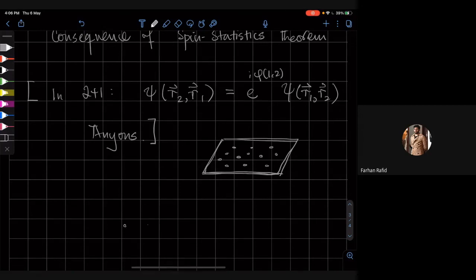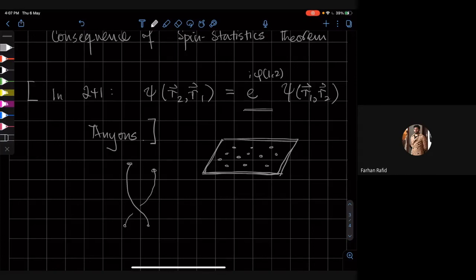If you have two anyons and you exchange their places, you can do knot theory with them. So there's a lot of very beautiful mathematics and physics related to anyons. I might do a little bit of tutorial on it, but it's beyond the scope of this course.